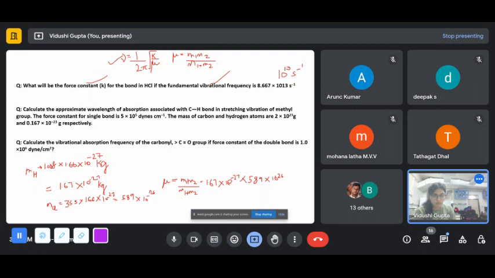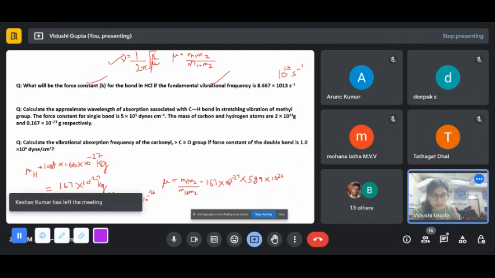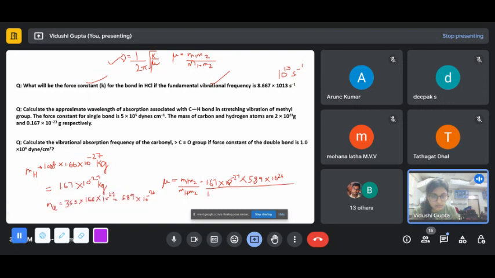Just add it: 1.67 into 10 minus 27 plus 5.89 into 10 raised to power minus 26.